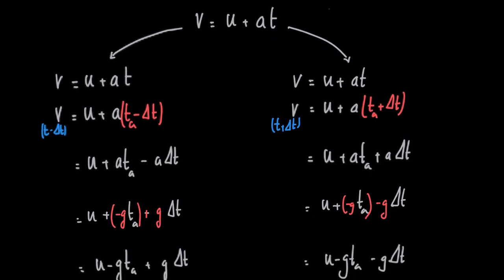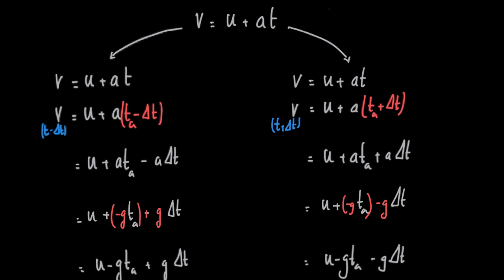So we'll find out the velocities at TA minus delta T and TA plus delta T by the equation V is equal to U plus AT. What is V? The final velocity at TA minus delta T, TA plus delta T. U is the velocity with which it is launched.